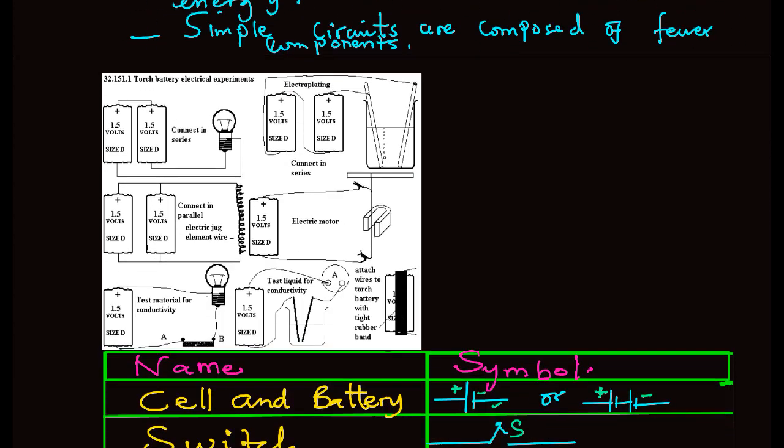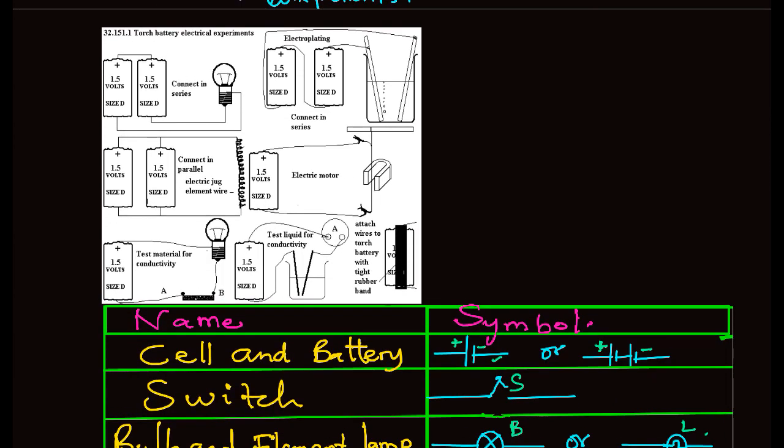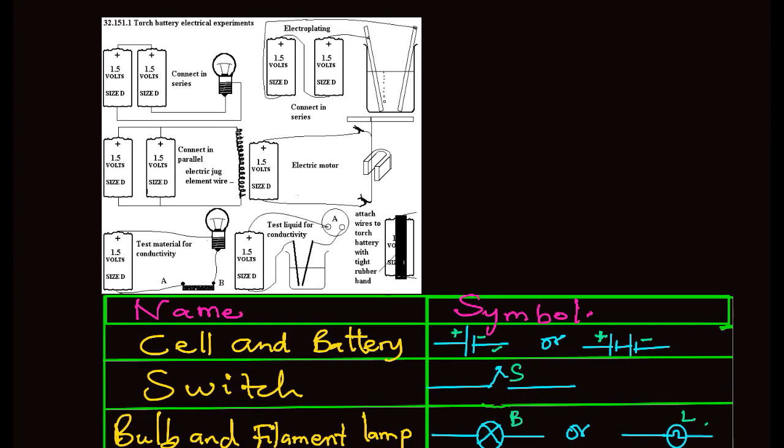Due to complexity in drawing some compound circuits, we normally use symbols. The diagram we have here is an example of a compound circuit or a complex one. Imagine that we were to represent the same components in a diagram.